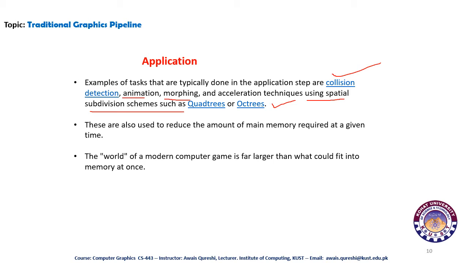These are also used to reduce the amount of memory required at a given time, and this is the optimization step. This step is also performed in the application part, and the world of a modern computer game is far larger than what could fit into the memory at once. So these are the techniques performed in the application part of this graphics pipeline, different memory optimizations and so on.